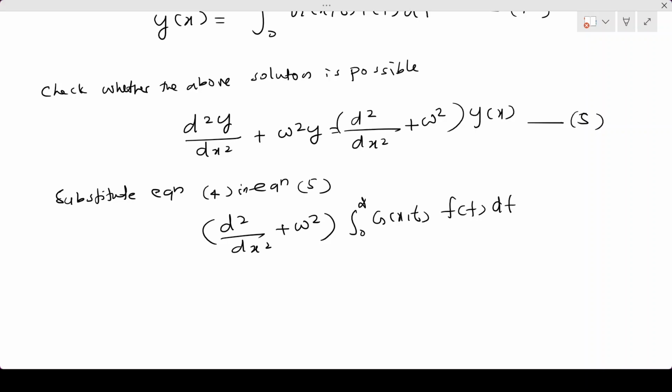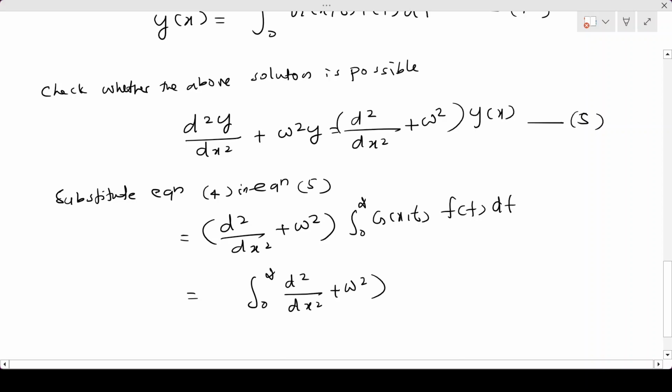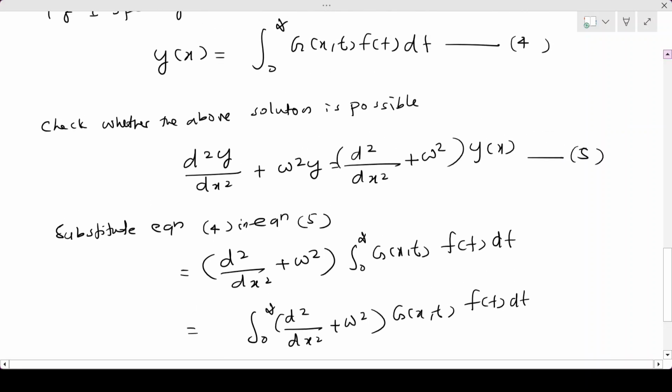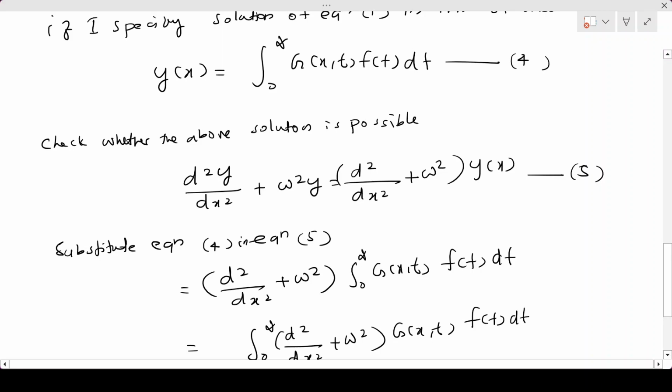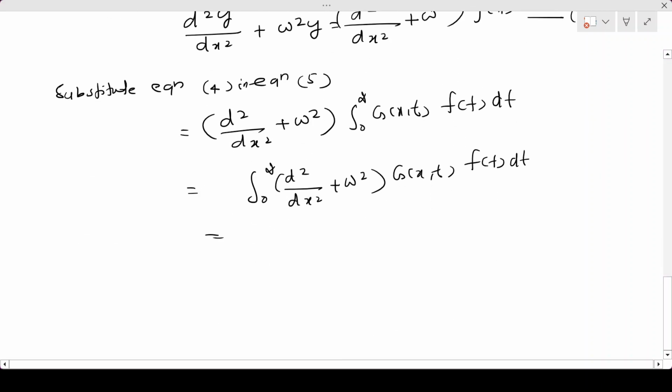What will be the possible solution of this one? The operator d square by dx square plus omega square, which we know is L, can be taken inside, giving d square by dx square plus omega square into g of xt f of t dt.